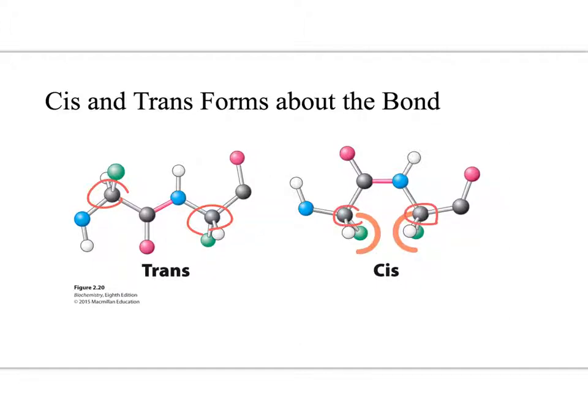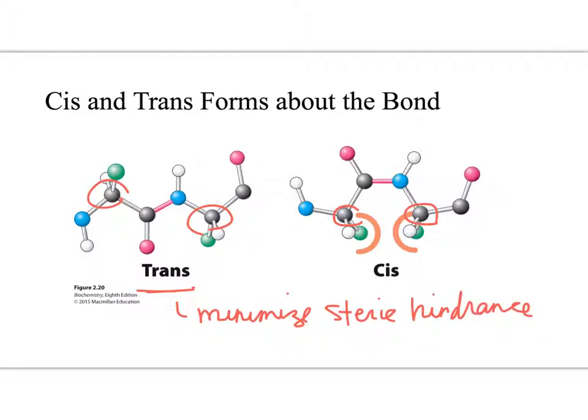Now the trans form does tend to be favored over the cis form, and that's because the trans form is going to minimize steric hindrance. So while both forms are possible, the trans form will be preferred.